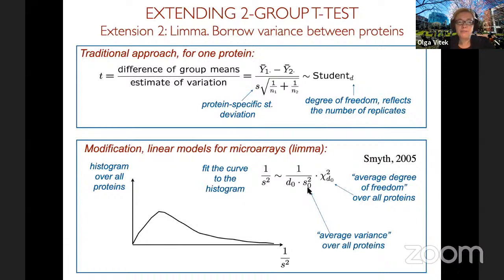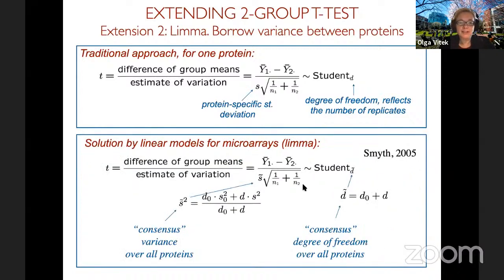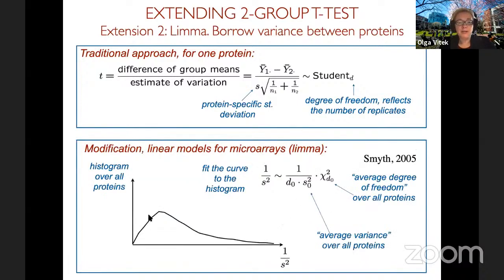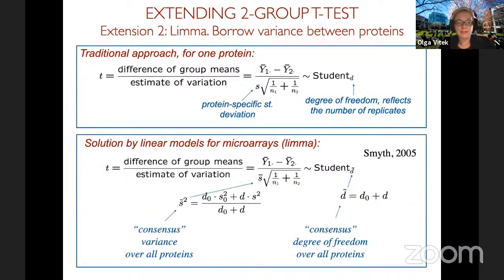And so now what lemma would do, it would use the estimate of noise here, where the estimate of variation is a weighted average between a shared variance between all the proteins and the protein specific variance. And the weight associated with that is again this degree of freedom. So both S0 and D0 are learned for the particular data set.